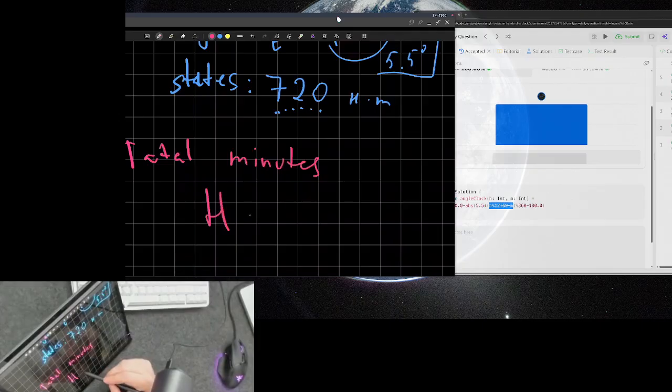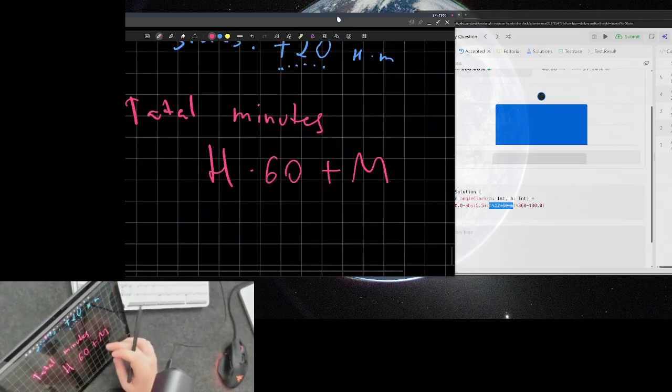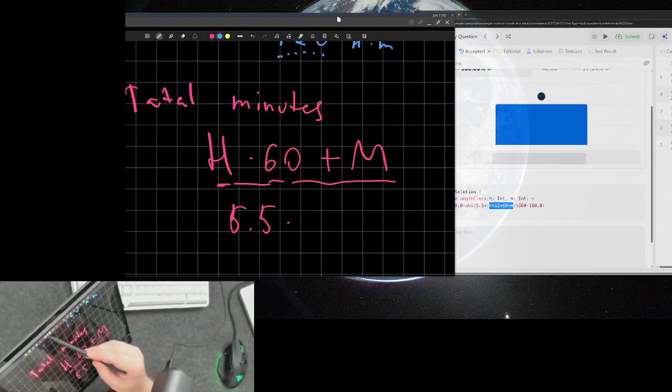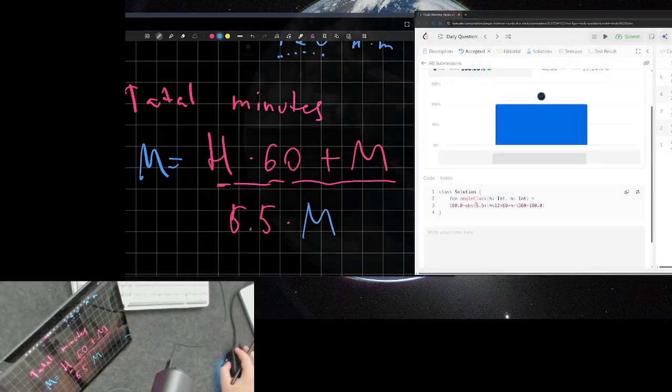And the angle would be 5.5 times these minutes. Let's look at this again. So this times 5.5. This is the angle between the arrows.